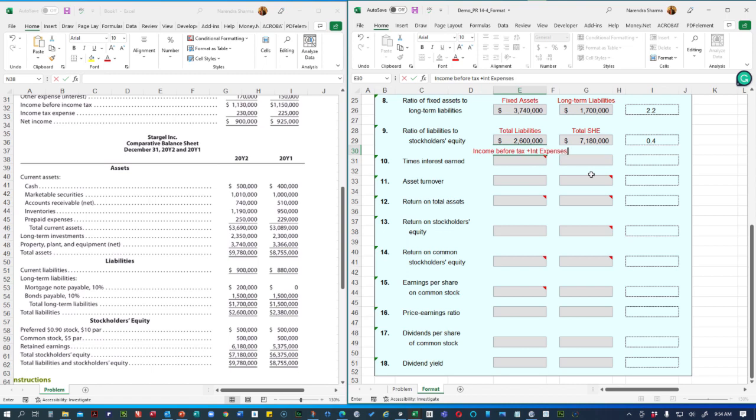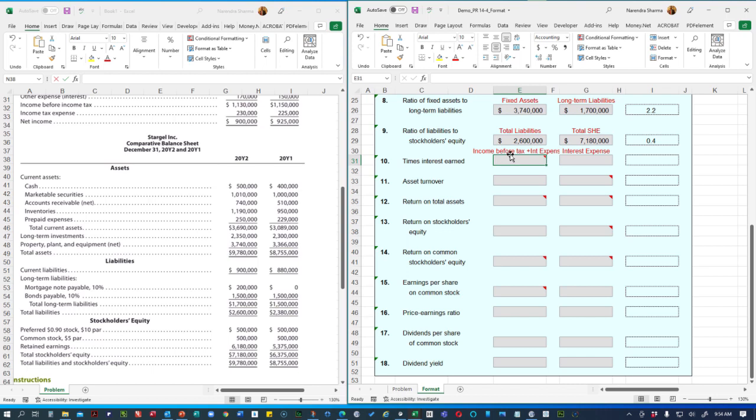Now please remember the formula. I have explained that in the videos that we have already done. And then divided by interest expense. So interest expense appears in both places.